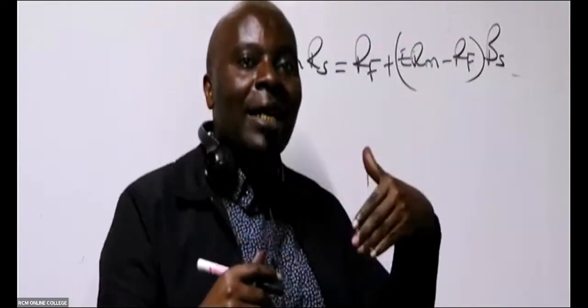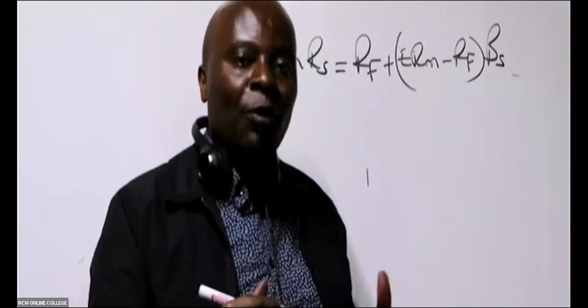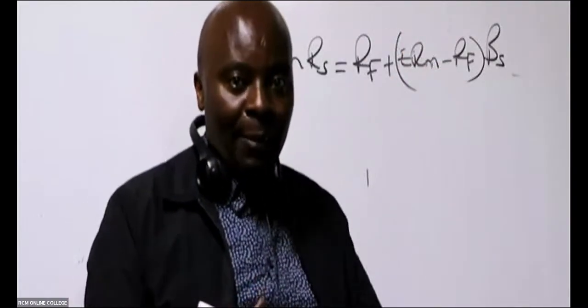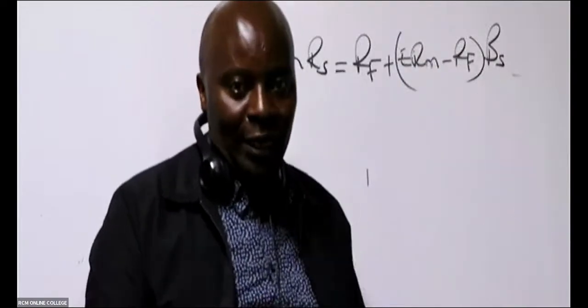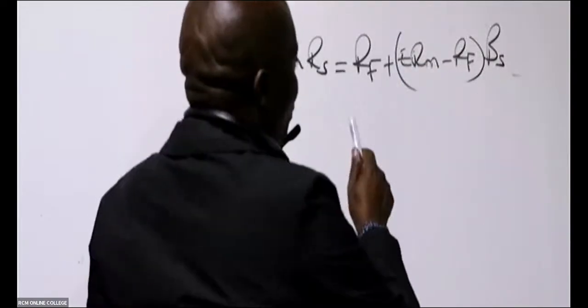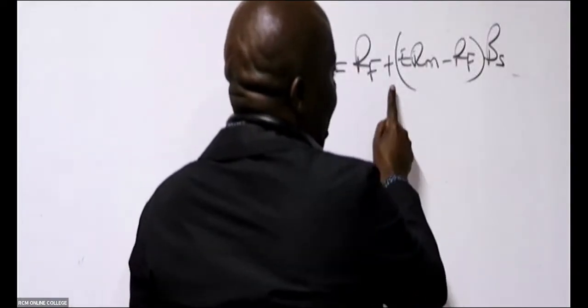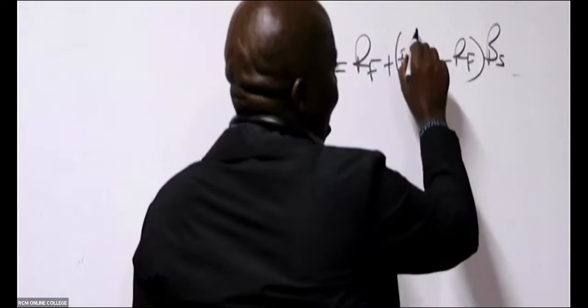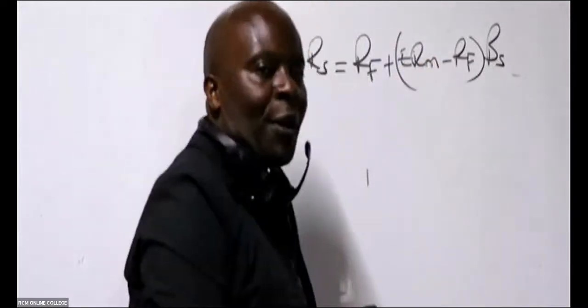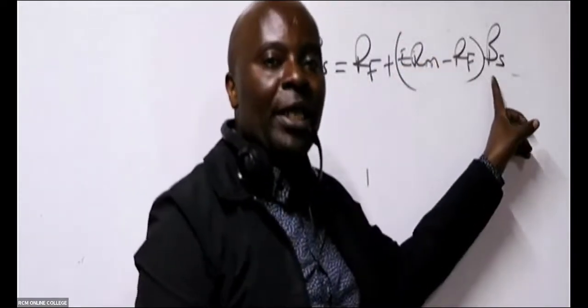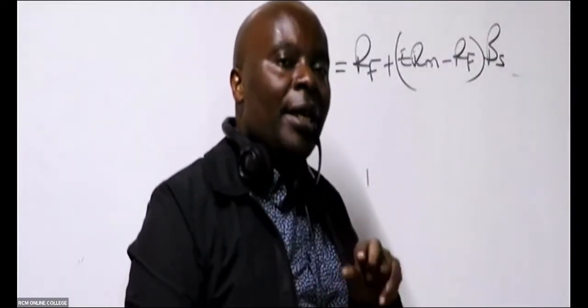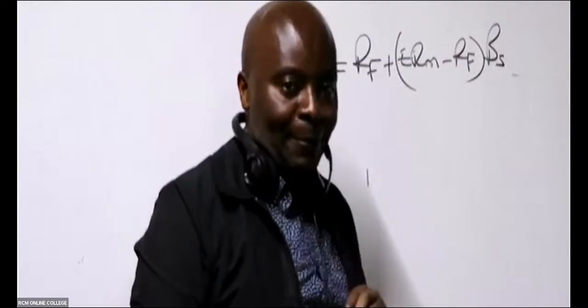Market securities are risky, but of course they come with a premium, a higher return. So normally we take the return from the risk-free asset and add what we call the risk premium. Because of the risk premium, we must multiply by what we call the risk index, which in this case is what we are calling beta.